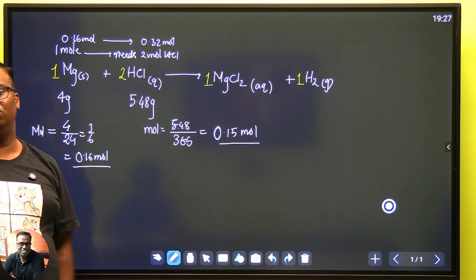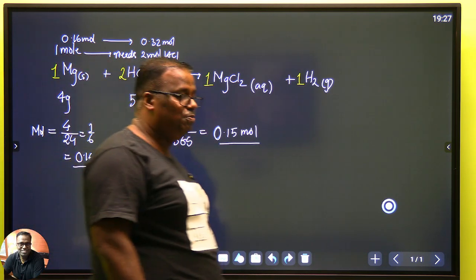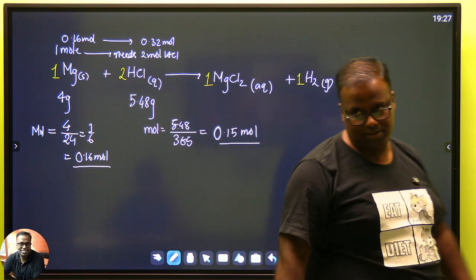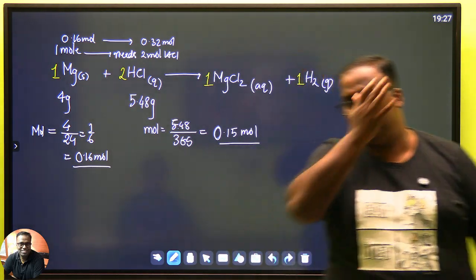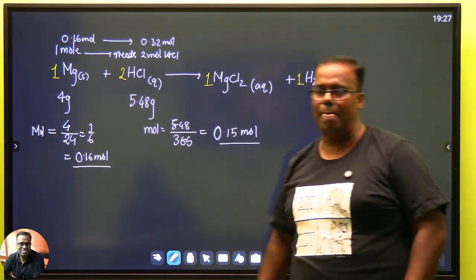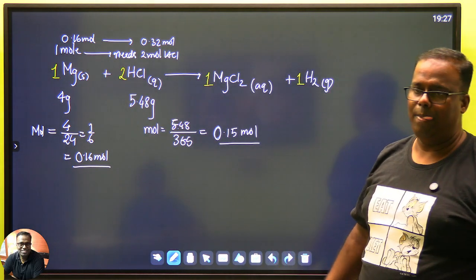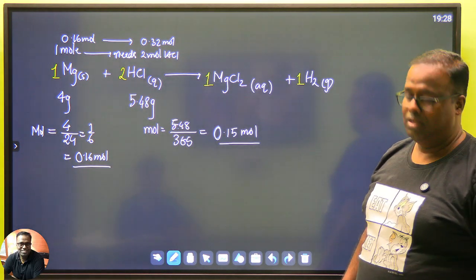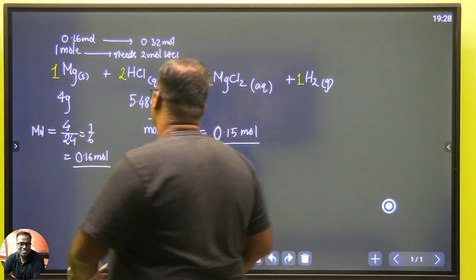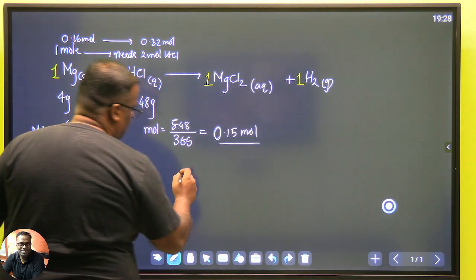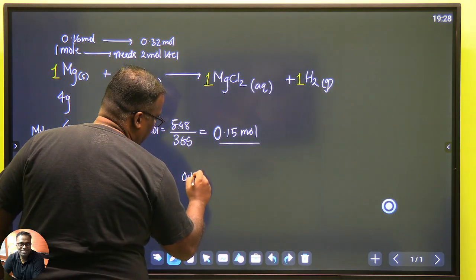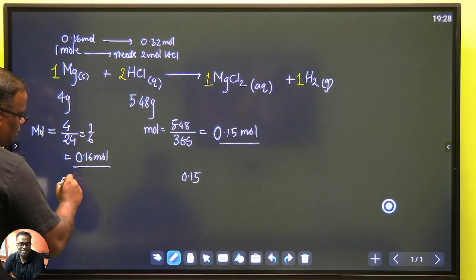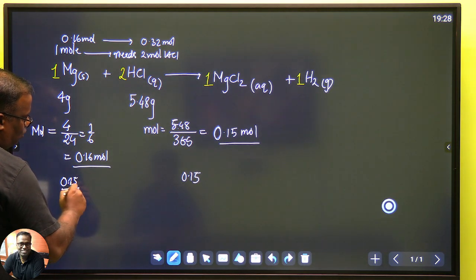It will control. Can you now tell me how much of magnesium will go unreacted? Unreacted magnesium, so the equation is very simple. If HCl is 0.15, it will react with 0.15 divided by 2 of magnesium.